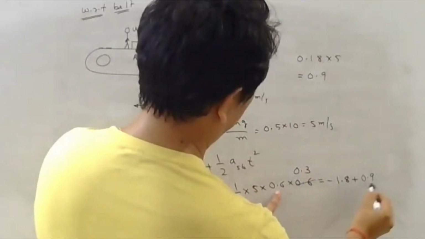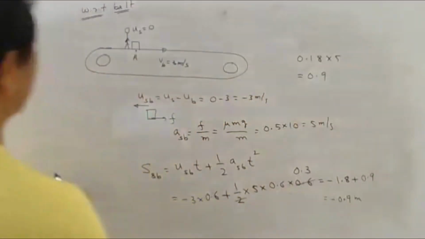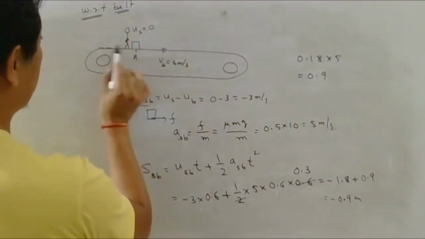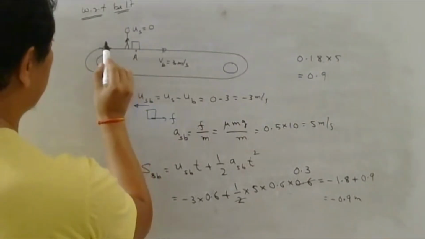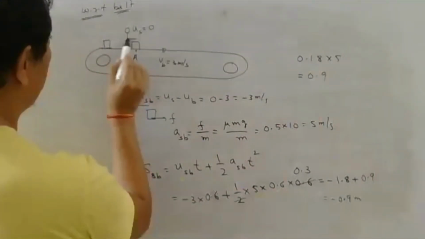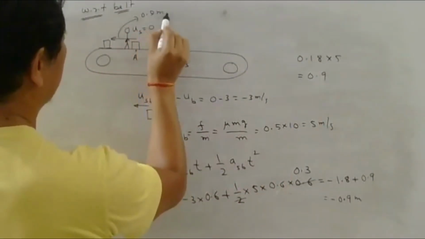Super duper. Minus 0.9. Minus means what? You understood? From his frame, he will see block going this side. How many meters? 0.9 meters. That is the answer.